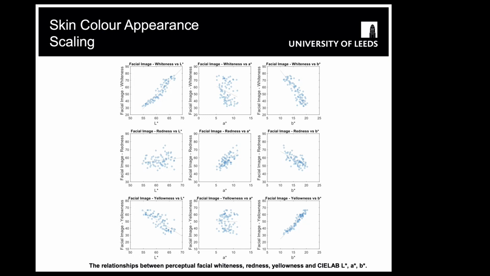And we found those three appearances can be predicted very well. I won't spend too much time on that, but we developed a better model to be able to predict the whiteness, redness, and yellowness from LAB values. Okay, that's the work that has been done for the skin color appearance scaling.